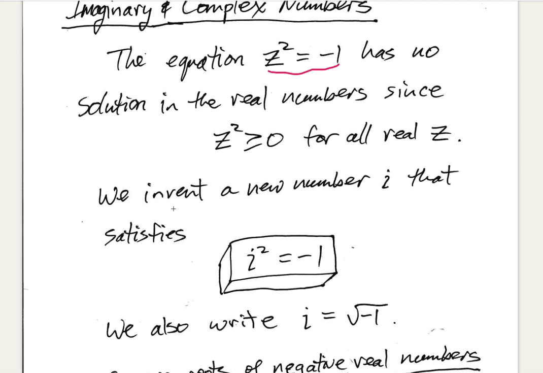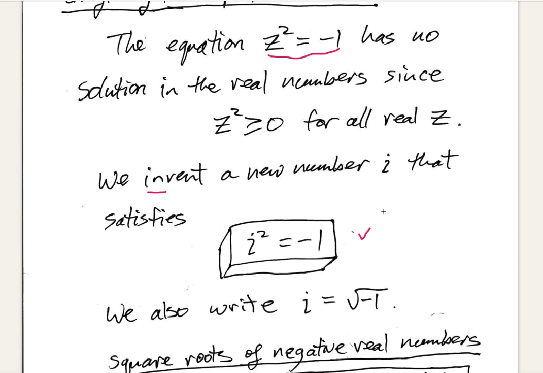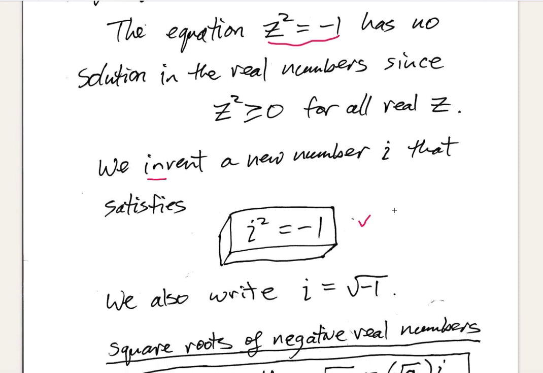So what we're going to do is just invent a new number, i, that satisfies this condition. And we will actually justify this construction later on and show you that the mathematical game of using i is perfectly consistent. And that's all we really need in mathematics is consistency, and we can play the game here.